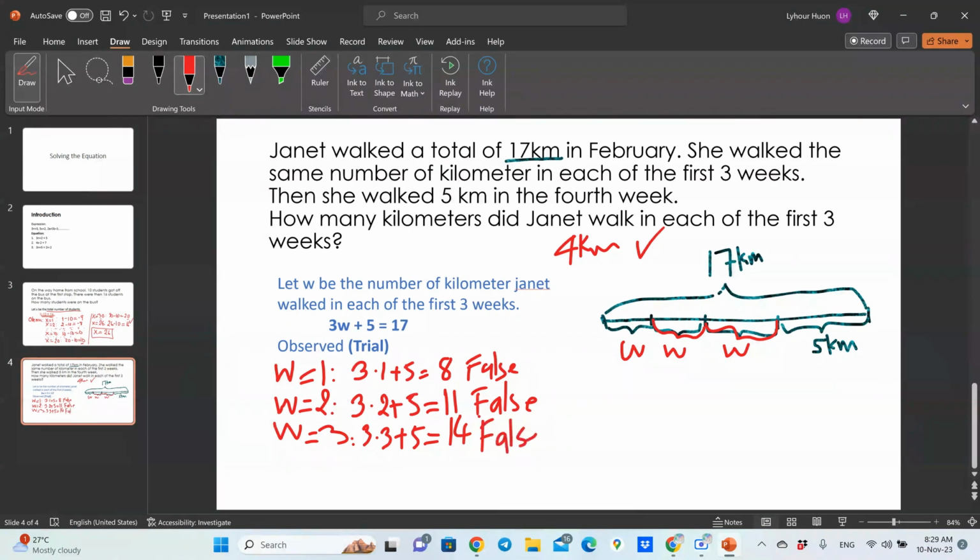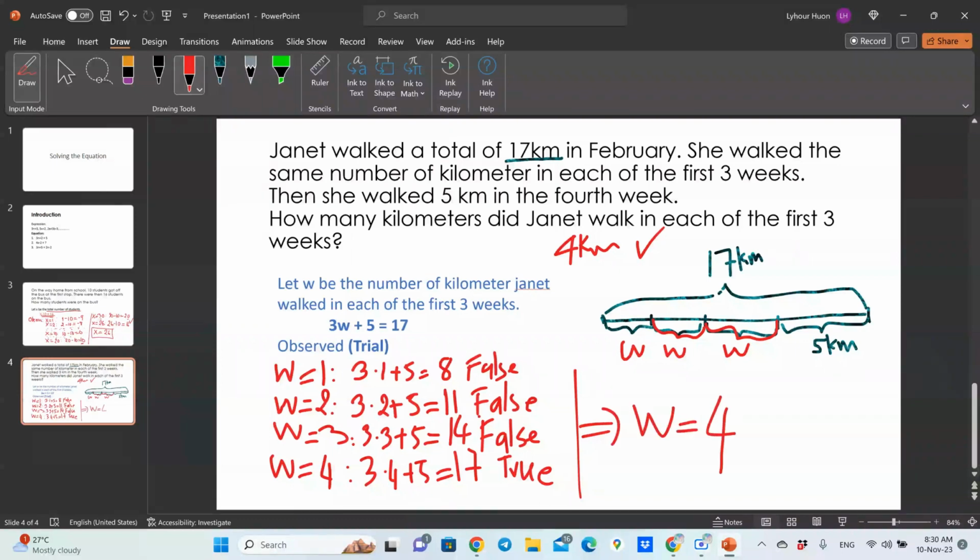Okay, so we try w equal to 4. We replace w by 4: 3 times 4 plus 5, which is 12 plus 5 equals 17. So this is true, meaning that w equal to 4.